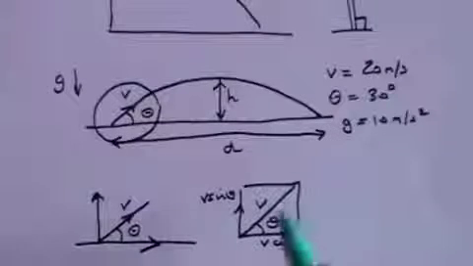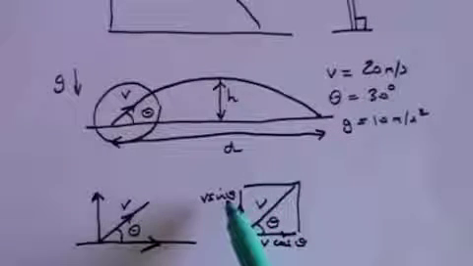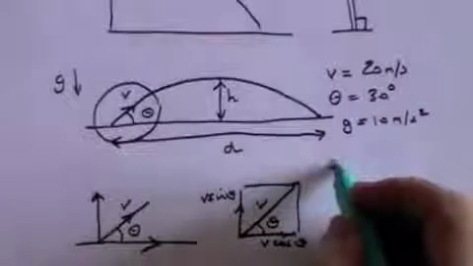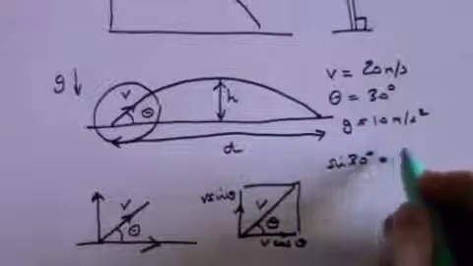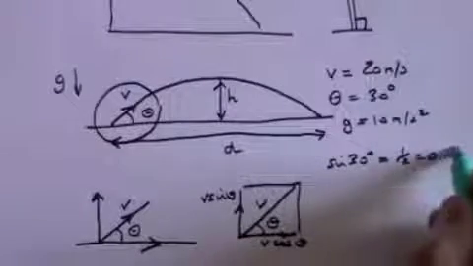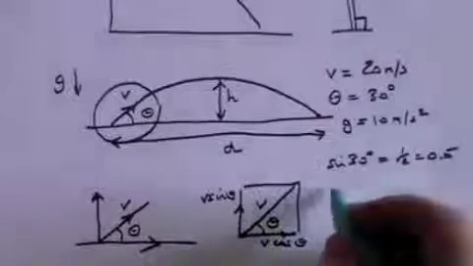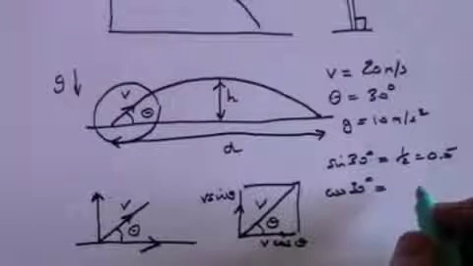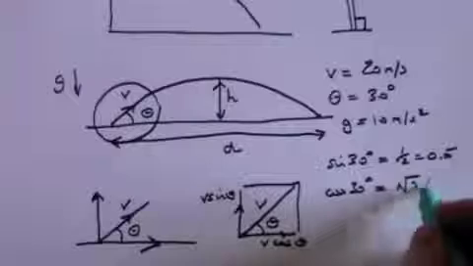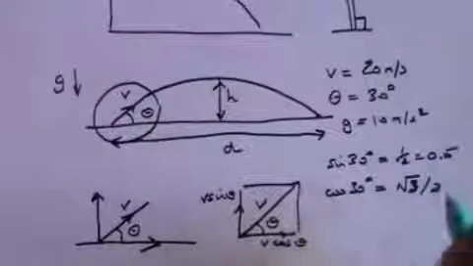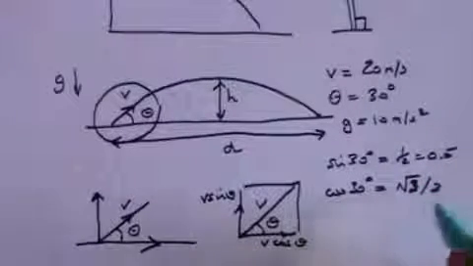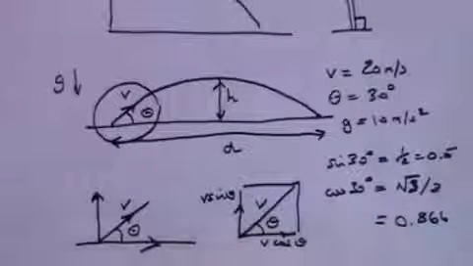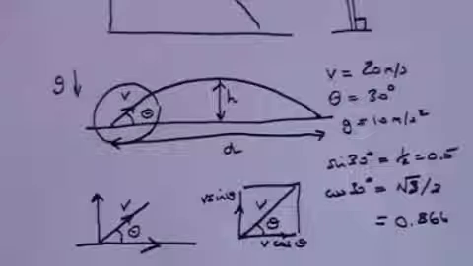And since we're going to need cos theta and sine theta we better just say what they are. The sine of 30 degrees is a half, or 0.5, and the cosine of 30 degrees is the square root of 3 divided by 2, and that is equal to approximately 0.866.